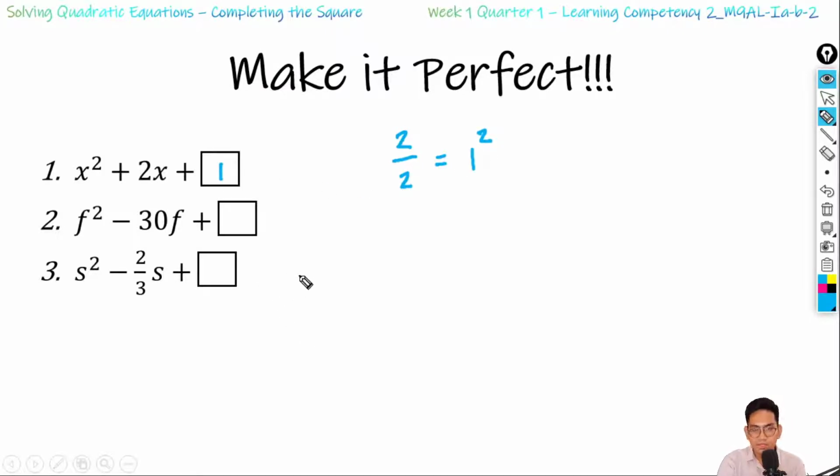From the previous activity, we just have to reverse the process. Again, we get the square root of the first term, x, multiply, and then times 2. This time we divide by 2 and then we square that number. Again, let's have negative 30 divided by 2 and then squaring that number. Therefore we have, correct, 225.